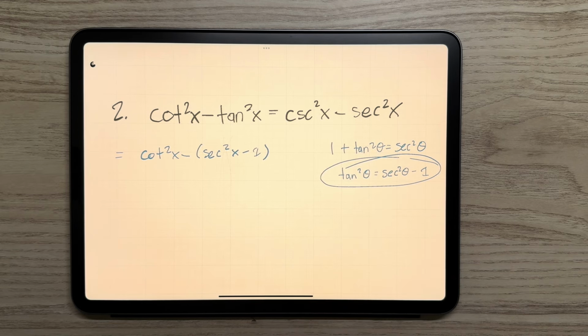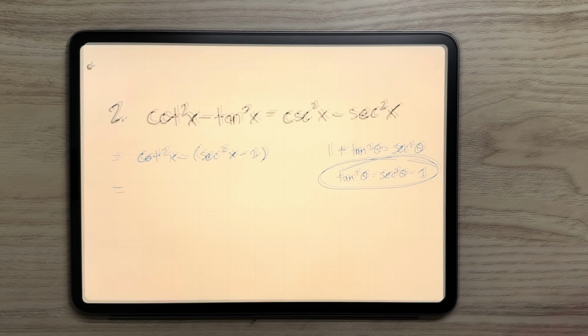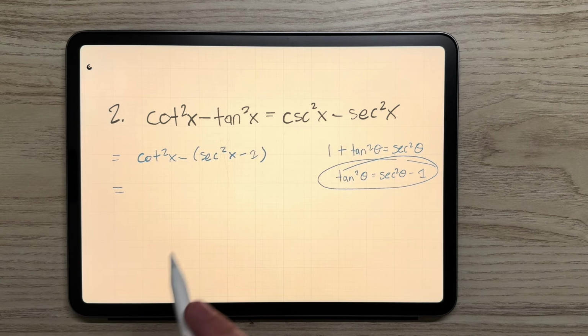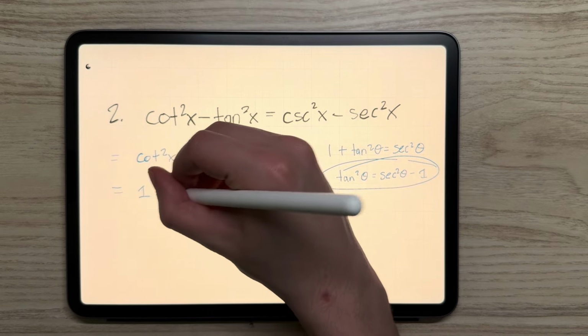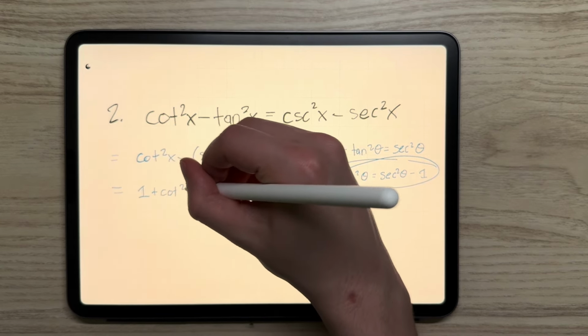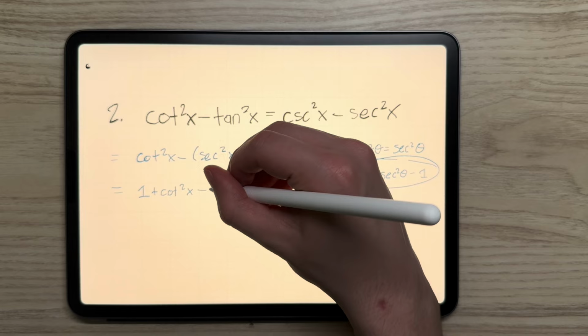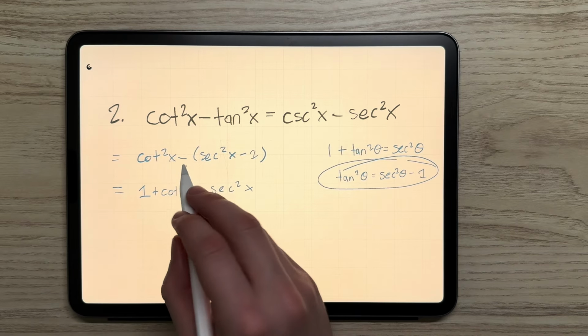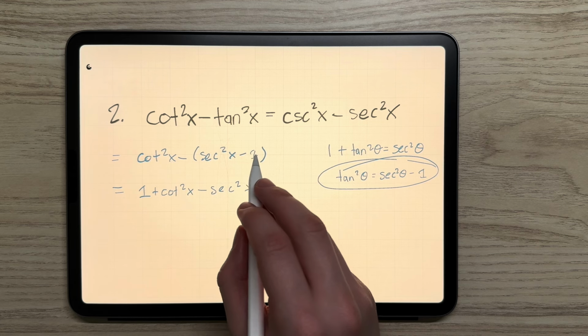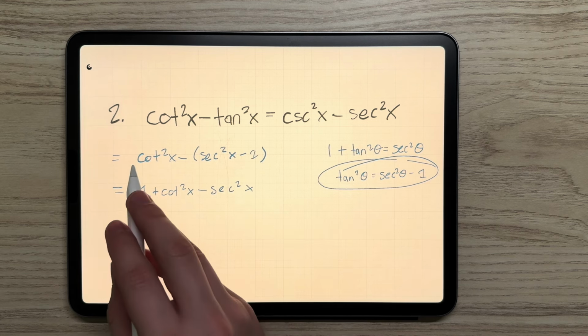We just substituted in what's true. And now if we distribute the negative and rearrange, we can get 1 plus cotangent squared x minus secant squared x. That's because when we distribute the negative here, we get plus 1, and because of the commutative property, we can move it over here.